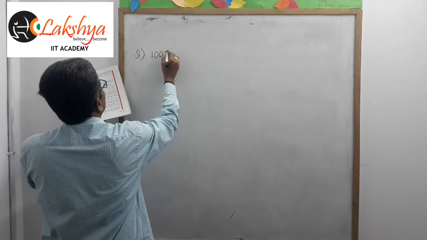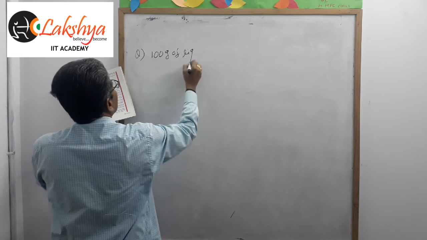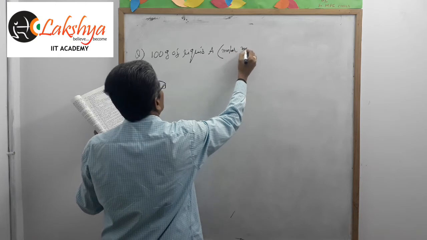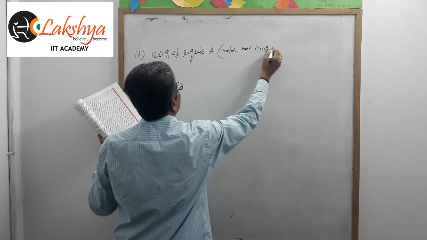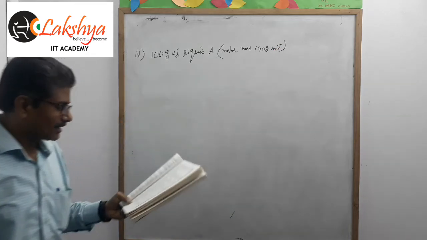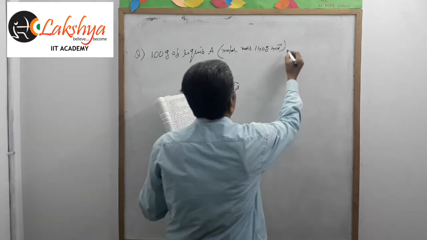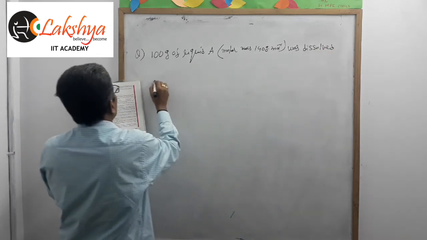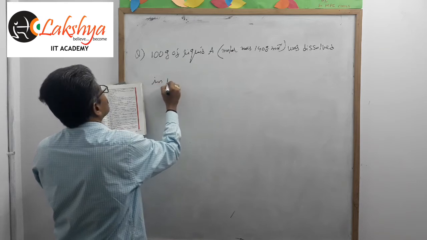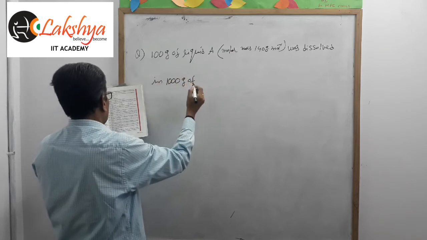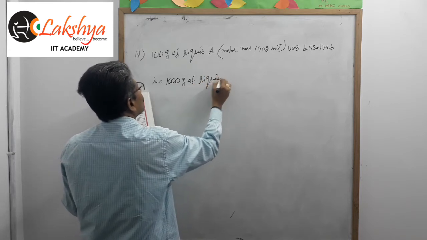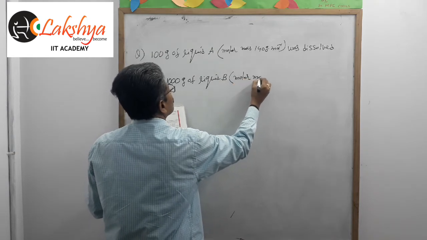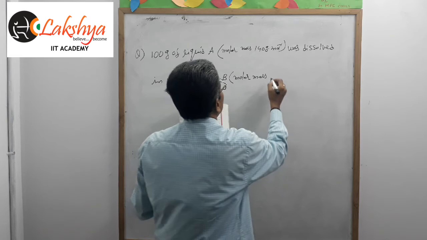Question. 100 grams of liquid A (molar mass 140 gram mole inverse) was dissolved in 1000 grams of liquid B (molar mass is 180 gram mole inverse).